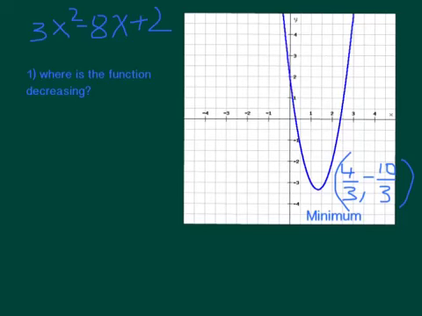So the answer to this, where is the function decreasing, would be for all x's that are smaller than 4 over 3. It should be quite easy to see that from the graph. The function is going down for any x that is smaller than 4 over 3.